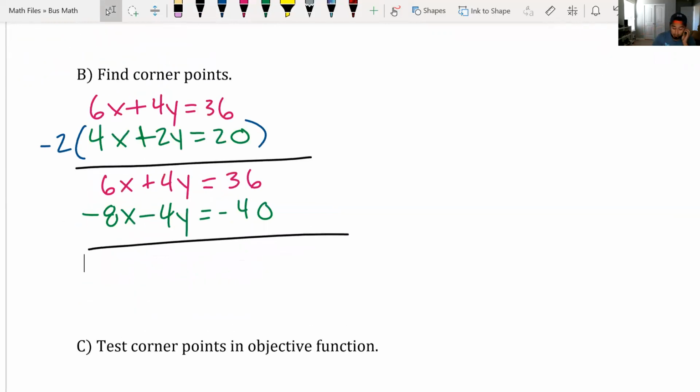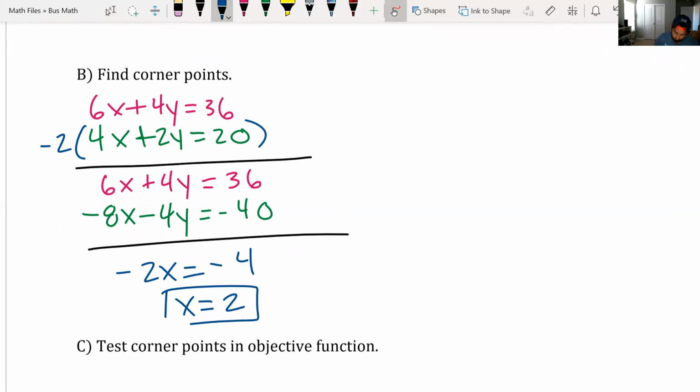Add them together, and we will get -2x equal to -4, and x equals 2. Now find y.